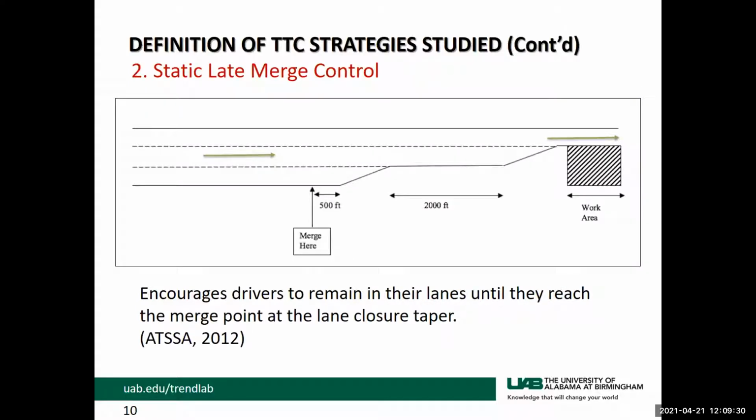While for the late merge, the drivers get very close to where the lane drop will happen, and then they are really encouraged or forced to shift to the open lanes. So it is a different configuration there.